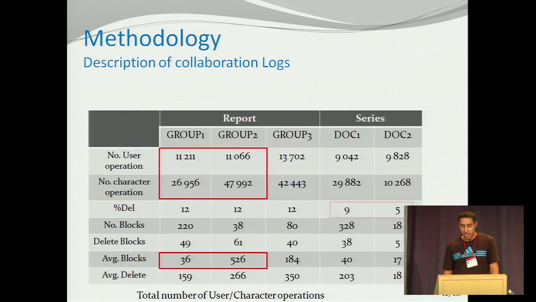The proportion of delete in the experiment series is smaller due to the difficulty for students to make corrections on their document. Students had less time to make corrections on their document.